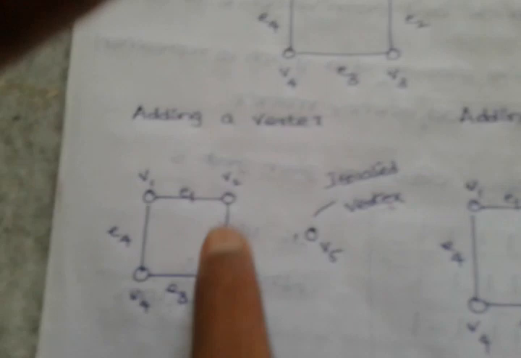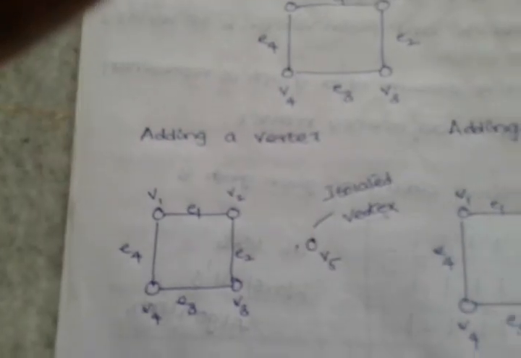Now I am going to add an edge from the new vertex to the existing graph, represented by E5, and this is called adding an edge. Previously there were 4 edges, now there is one more edge E5. Previously there were 4 vertices, now 5 vertices, and one more edge has been added. This is adding a vertex and this is adding an edge.